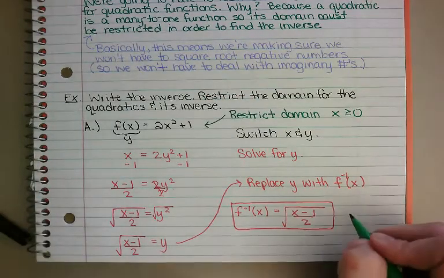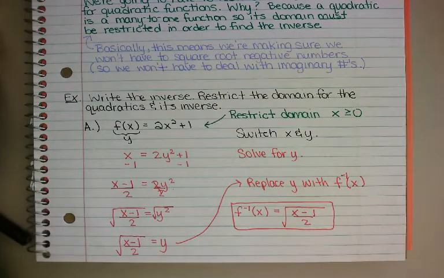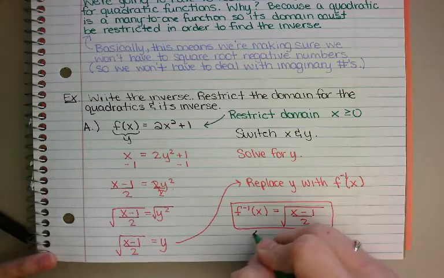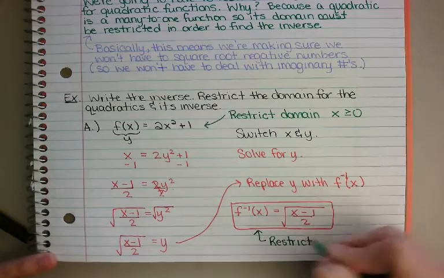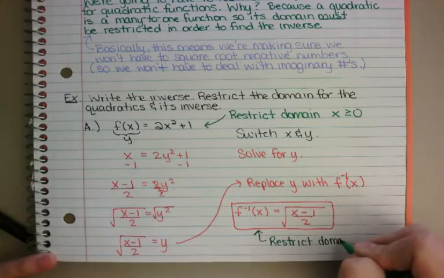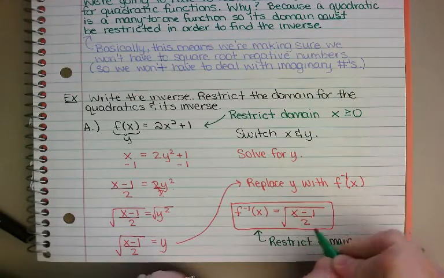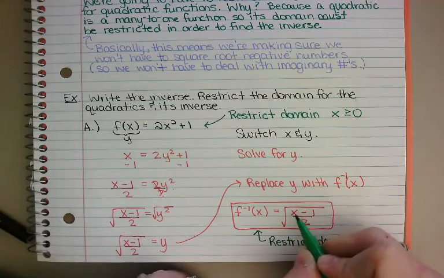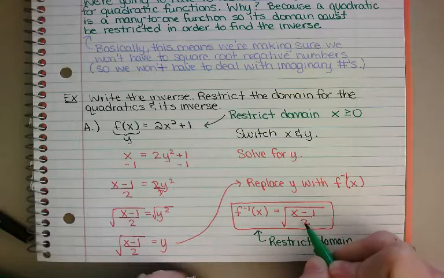Now when I look at this particular problem, we want to make sure that we restrict the domain. Remember, we're basically trying to make sure that we don't get a negative number underneath here. So you can think about some numbers. If I plug in 0 here, 0 minus 1 is negative 1, divided by 2 would still be a negative.